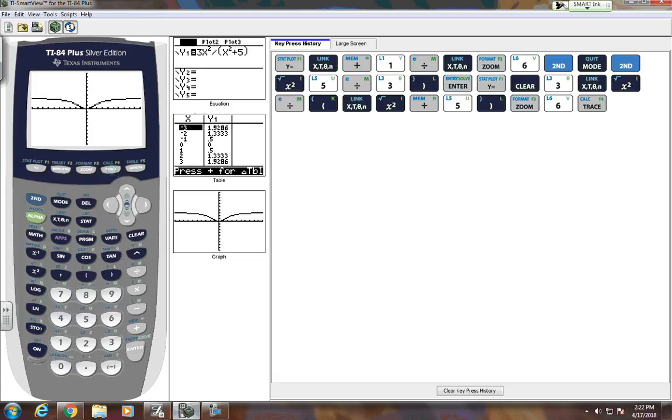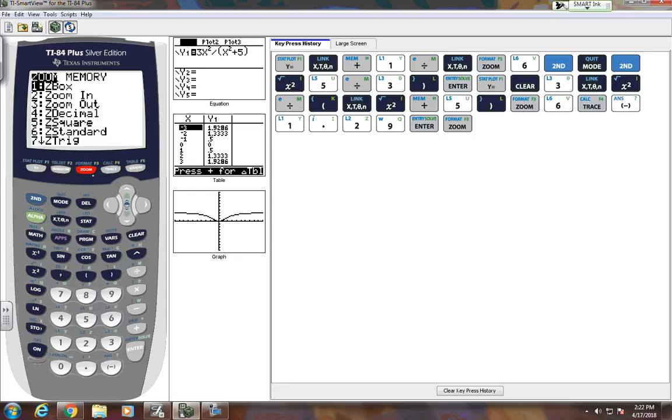So I'm going to press my trace button and enter negative 1.29. And notice the graph locates that point here. Okay, I want to see the change in concavity, and it's difficult in this viewing window. So what I'm going to do is press my zoom button, number 2, zoom in, and then enter.